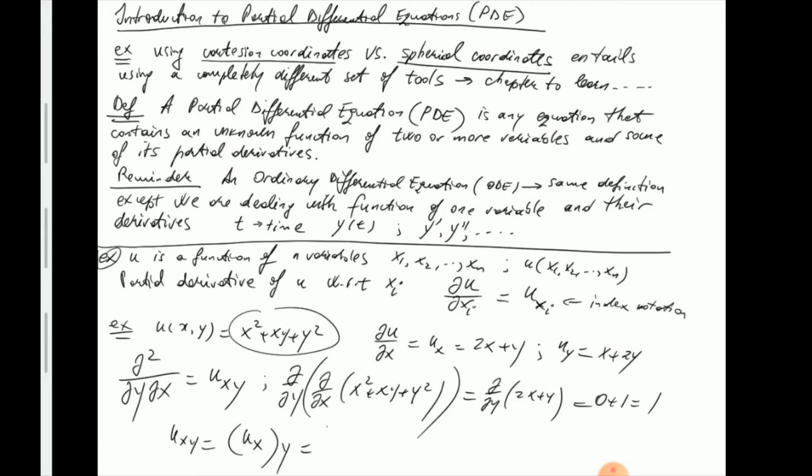So u partial x again is going to be 2x plus y, and then partial y again, which is 1. We're not going to use this too often, but if you see it in the book or in many other applications, again, if we use the partial operator, the order of differentiation is from right to left, as indicated here at the symbolic denominator: partial x first and then partial y. Using the index notation it is from left to right, starting with the variable closest to the function itself.